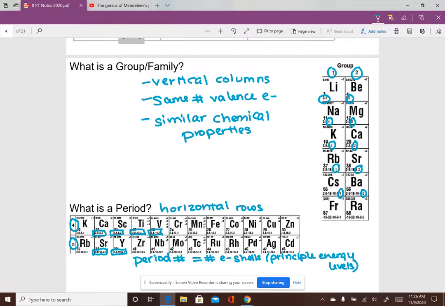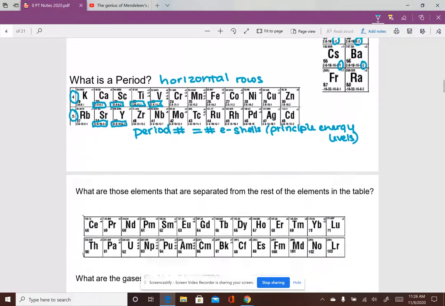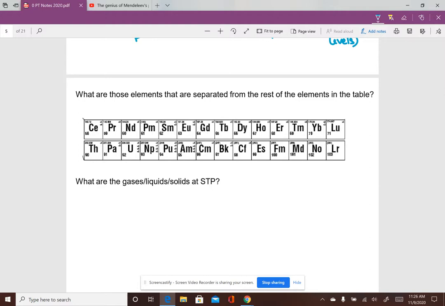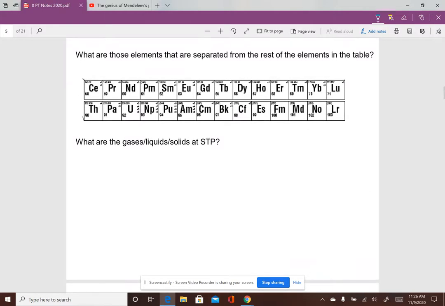The last thing we're going to talk about today are these bottom 2 groups of elements that are hanging off the periodic table at the end. And we talked a little bit about this in the atom. The top is called the lanthanide series, and the bottom row is called the actinide series. And the series, guys, is just named after the element that the series starts with.